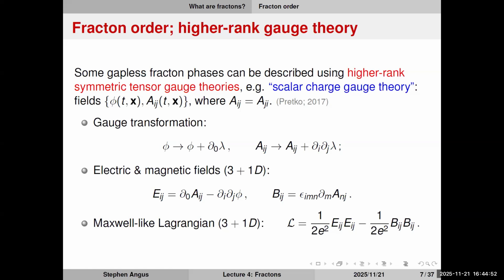So we have an electric field Eij like this, and also a magnetic field like this. And with these, we can write down a Maxwell-like Lagrangian, which, for example, in 3+1 dimensions, you have something like that. If you go to different dimensions, then the number of indices in the magnetic field will be different, but it's the same sort of idea.